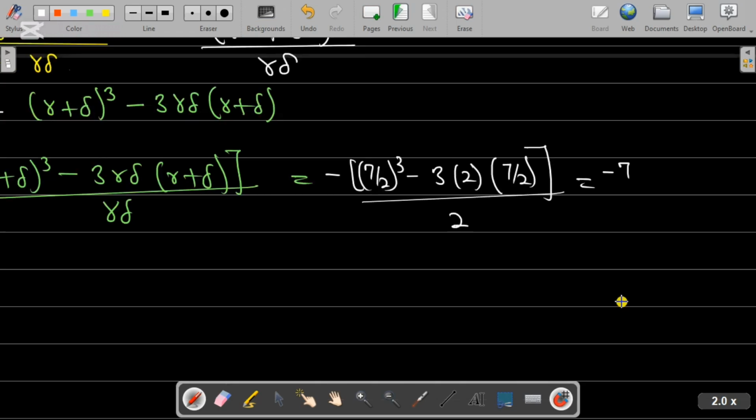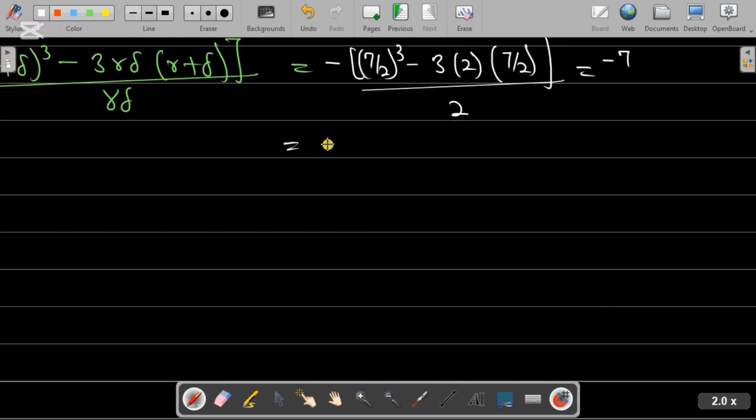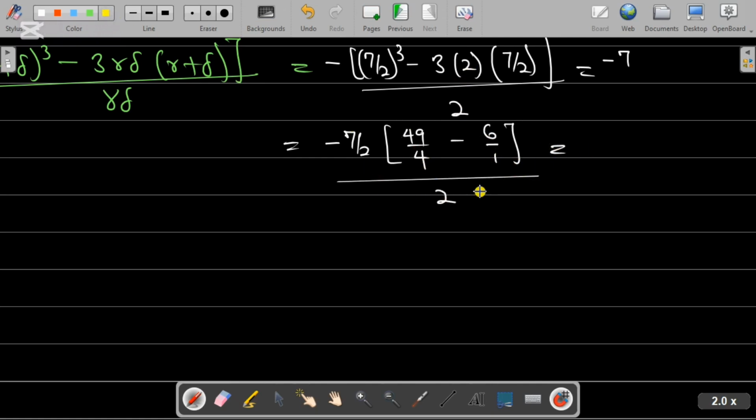Let's come down here. If we bring out minus 7 over 2, in the bracket we just have 7 over 2 squared, which is 49 over 4, minus this, which will give us only 6, the same as 6 over 1, and that is over 2. Of course, these two can come under this to give us minus 7 over 4, all in brackets. If we take LCM here, we will get 4.